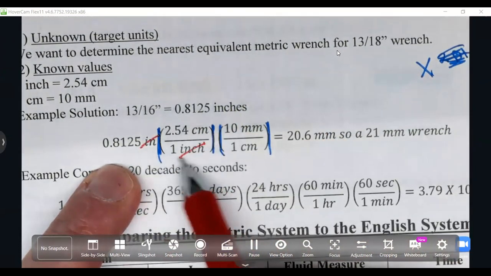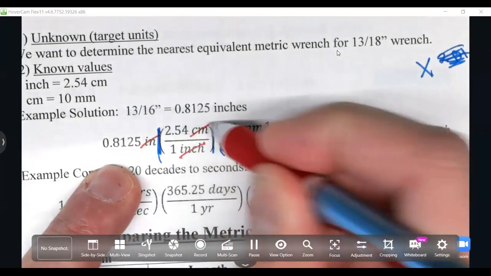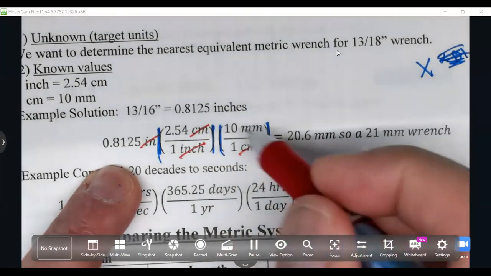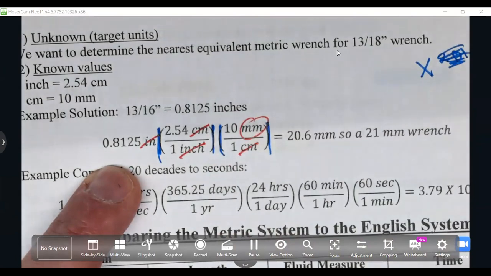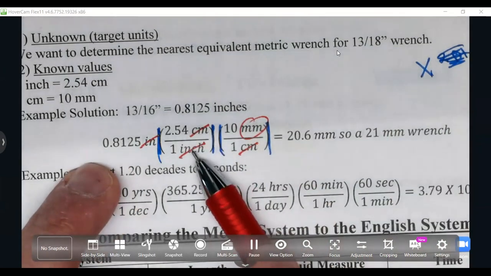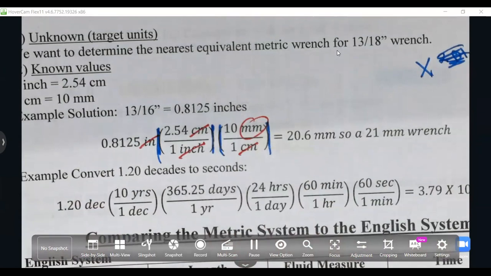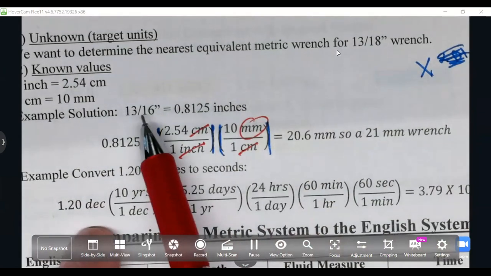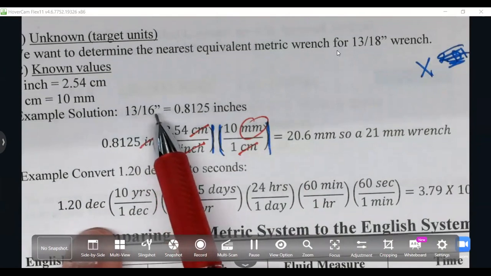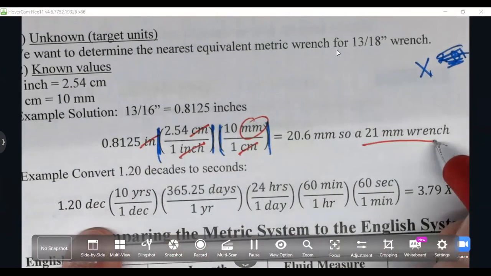My inches cross out here, and my centimeters cross out here, and I'm left with millimeters, right? You just have to put true mathematical statements in here. So a 13/16 wrench would need a 21 millimeter.